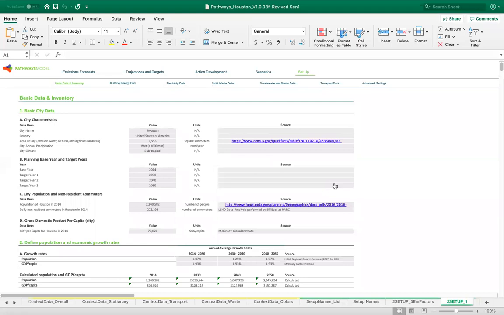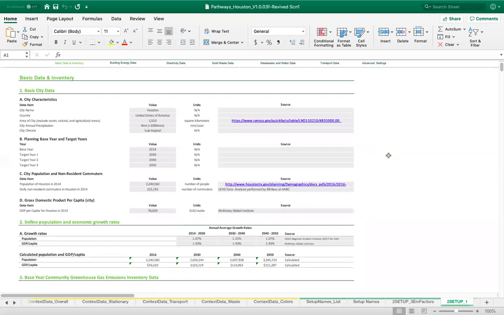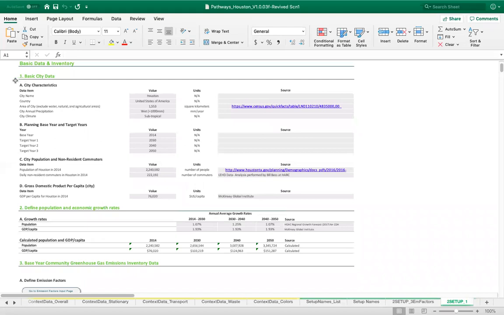This allows us to build the base of the model around the parameters that are determining energy use and hence greenhouse gas emissions within the city. So as you can see there, we have the high-level city characteristics, and then the years for which we want the emissions modeling to take place.